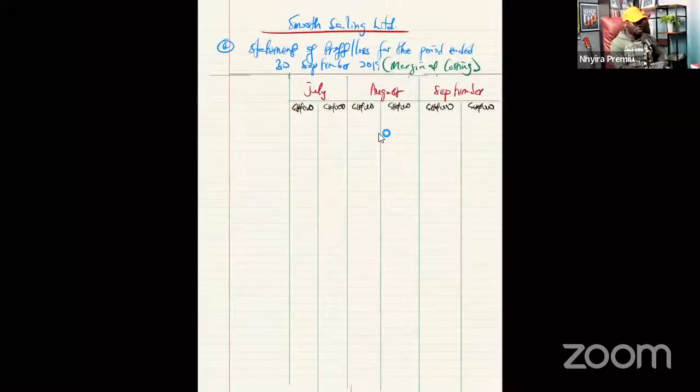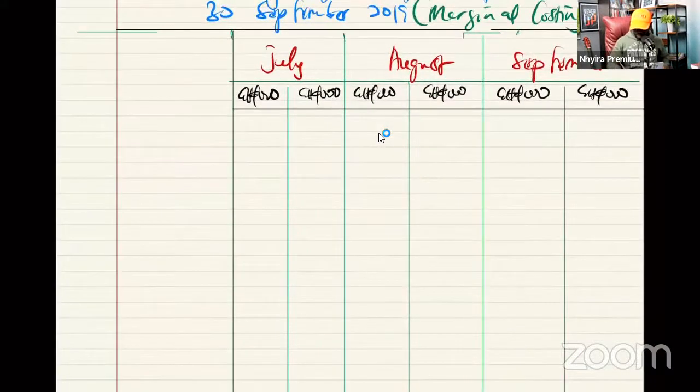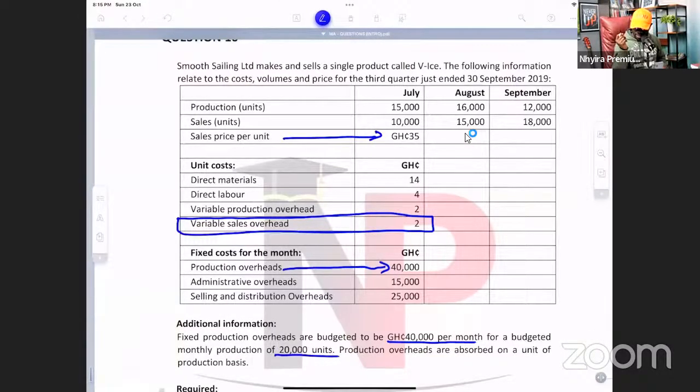So let's start. As always, we're going to start with the sales. So let's bring in our sales respectively. What is the information about the sales? We are told that the sales times the selling price has been given.